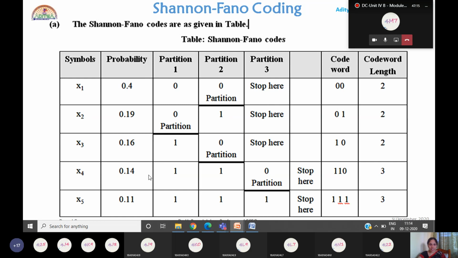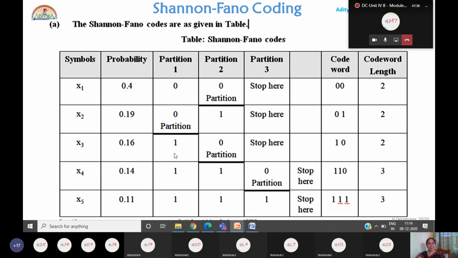Even you can observe x3, x4, x5. Here if you observe the first bit, the MSB bit, the prefix bit of x3, x4, x5 is the same, and it is equal to 1.